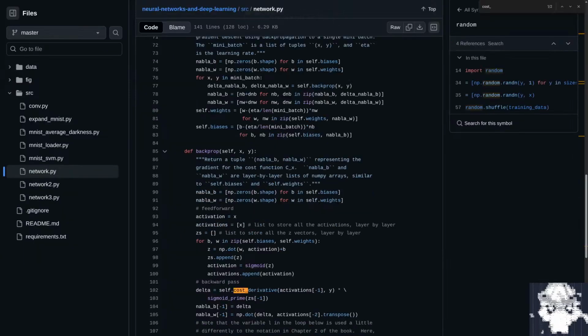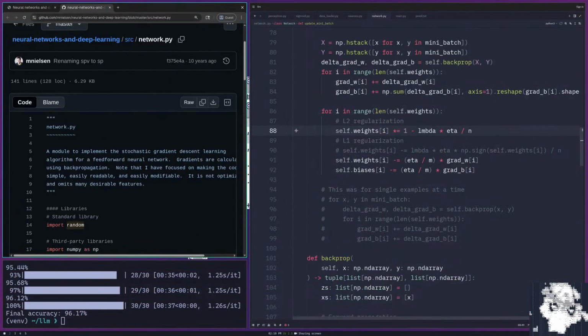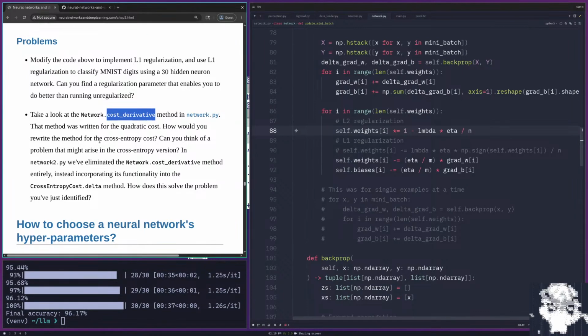Cost derivative, which was output activations minus y, which is kind of still how it works.